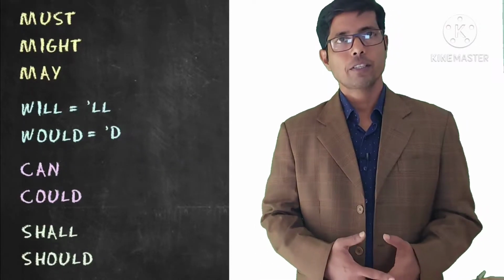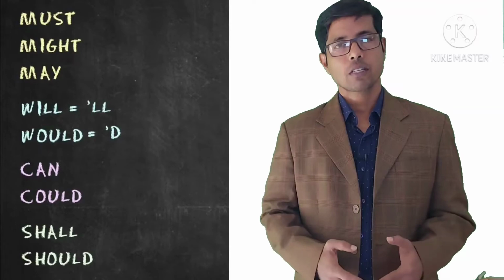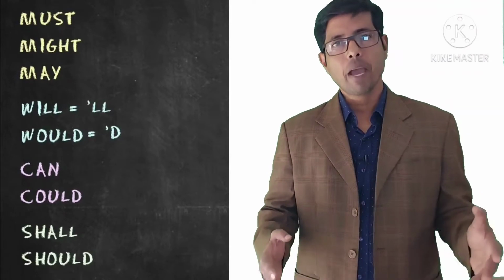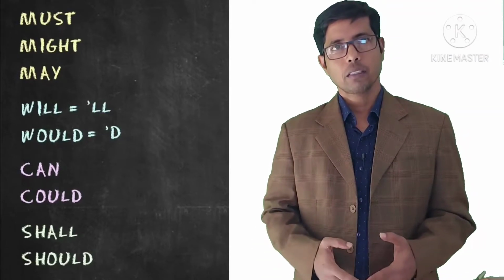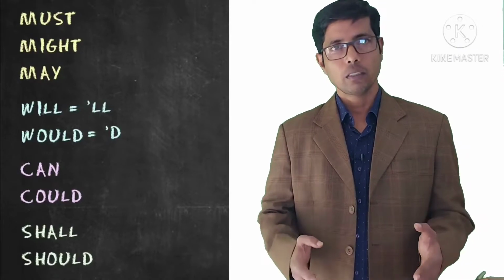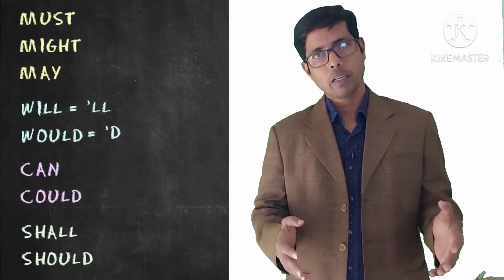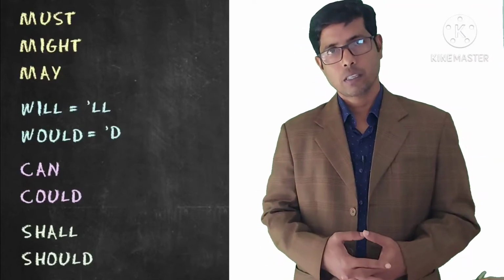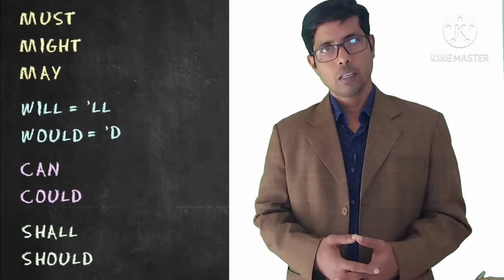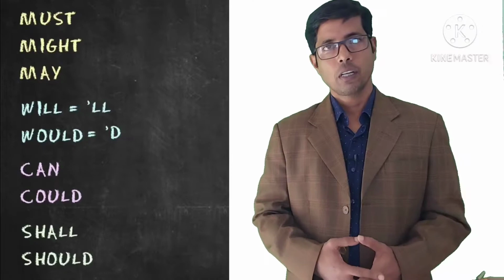Dear learners, we have got 3 M's: must, might and may. Then we have got 2 W's: will, would. Then 2 C's: can, could. And lastly 2 S's: shall and should.